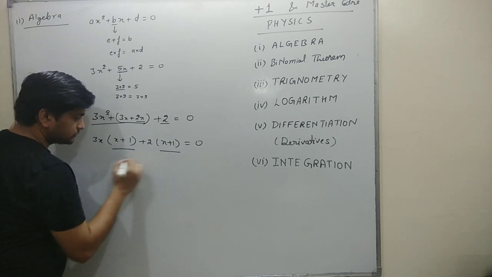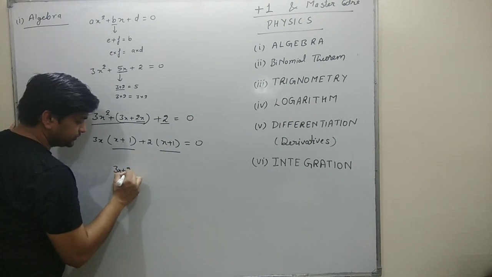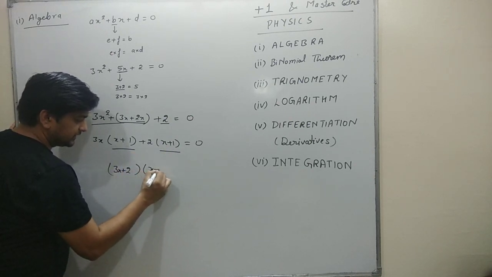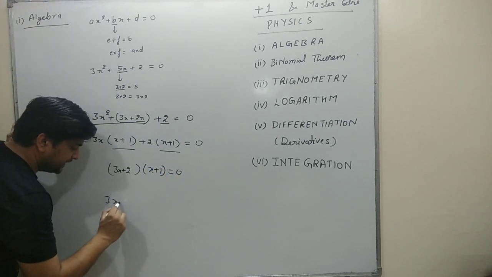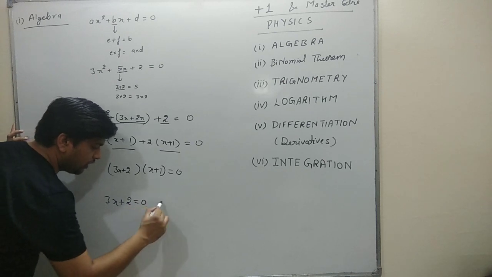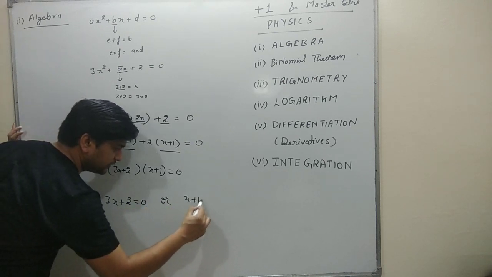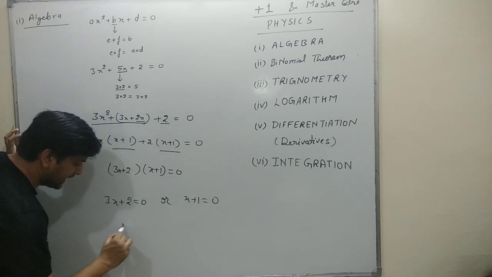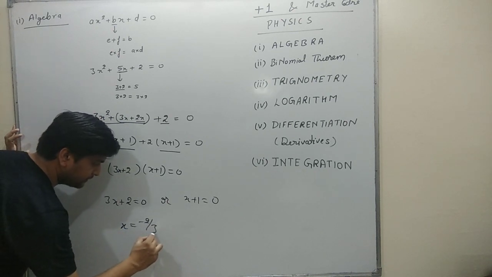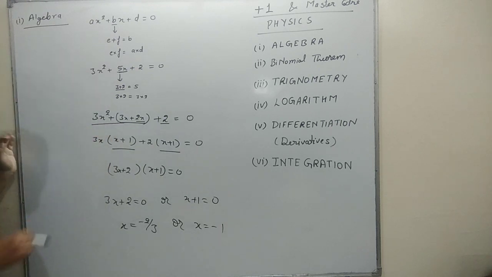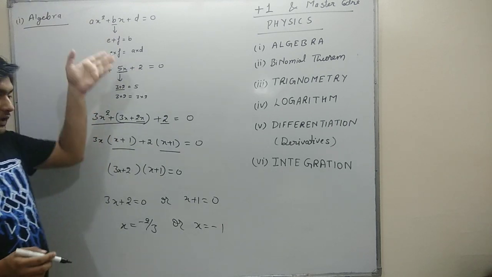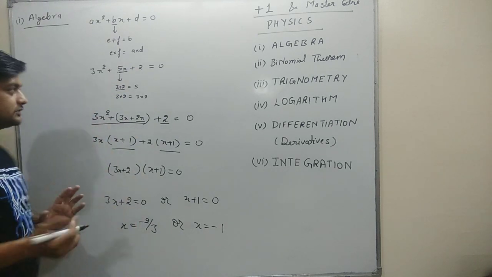So now 3x plus 2 and x plus 1. 3x plus 2 equal to 0 or x plus 1 equal to 0. X is equal to minus 2 by 3 or x is equal to minus 1. So this is very easy. You can solve some problems and ask me down.